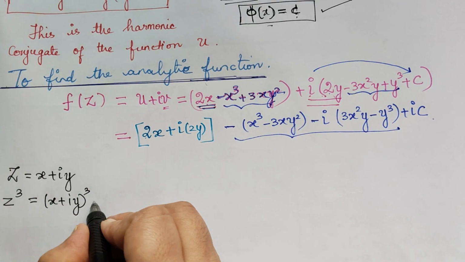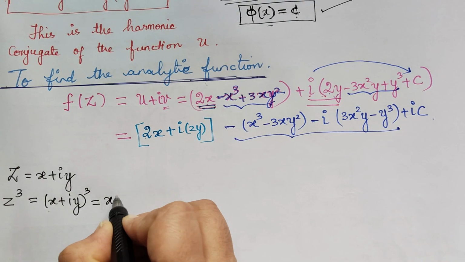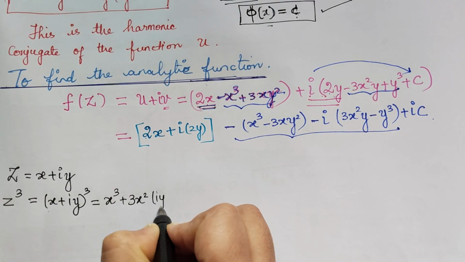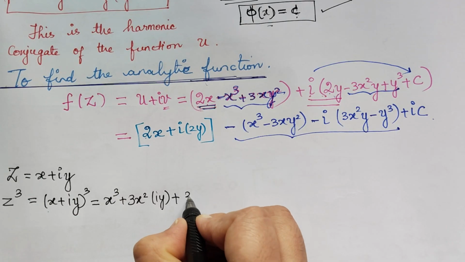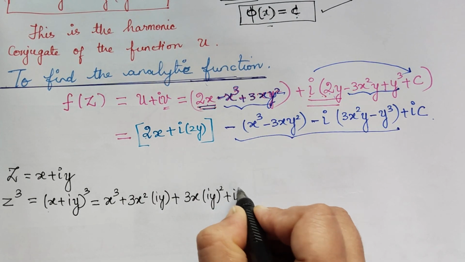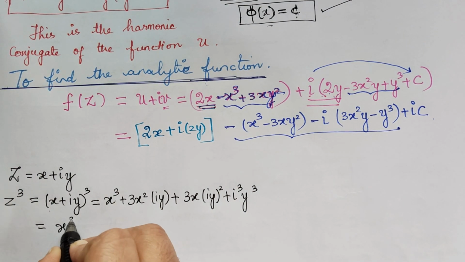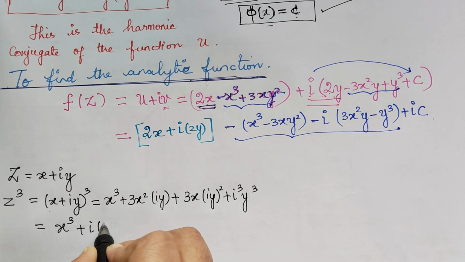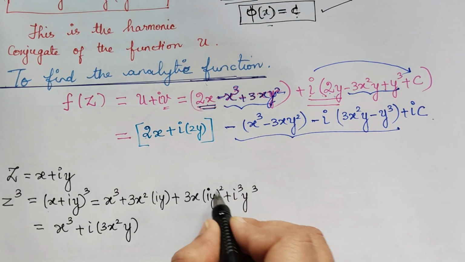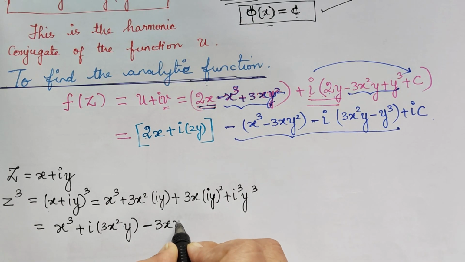On expanding this using the a plus b whole cube formula, we get x cube plus 3x square iy plus 3x iy square plus i cube y cube. Further, that will be equal to x cube plus i 3x square y, and then here we will be having i square which will be minus 1. So minus 3xy square.